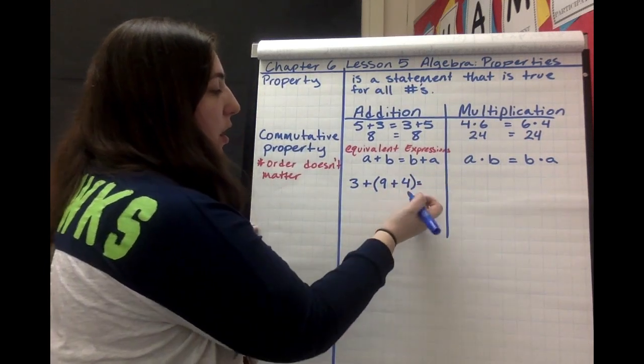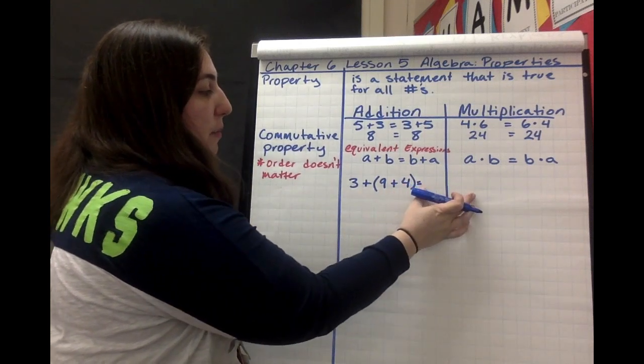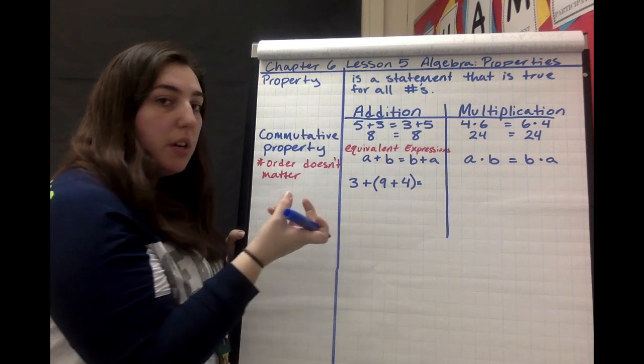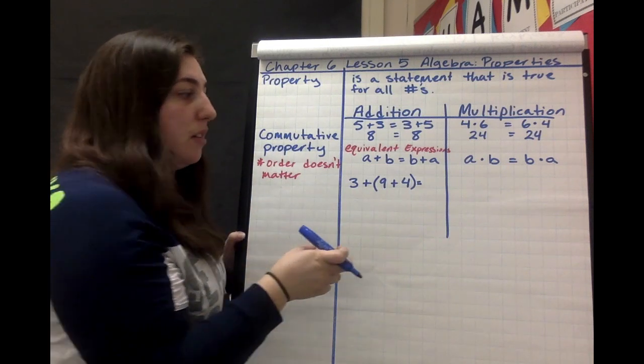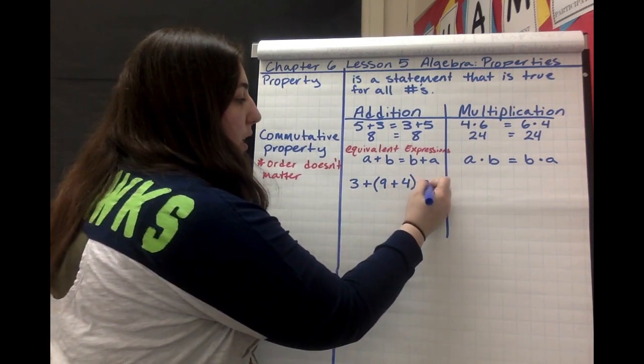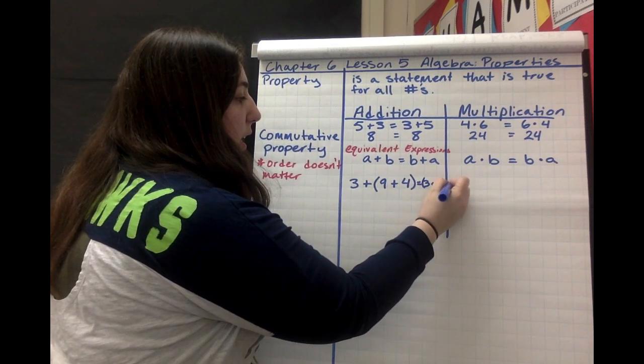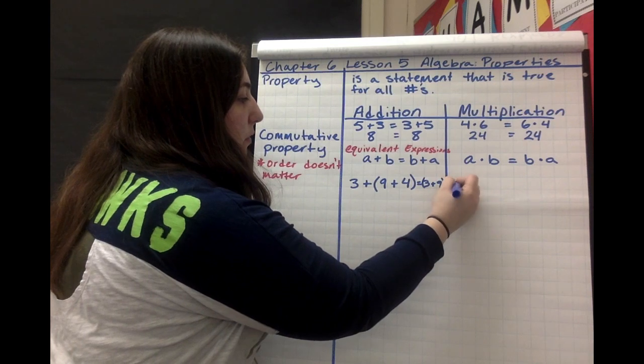We're going to use the same numbers on this side of the equation, but we're going to change where the parentheses are. So we have 3 plus 9 in parentheses, plus 4.